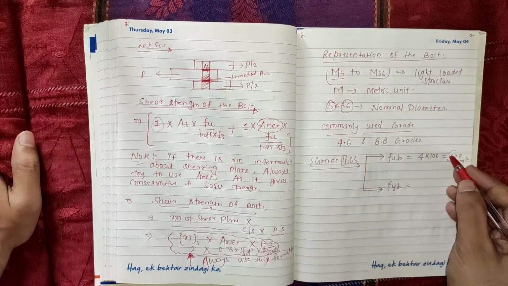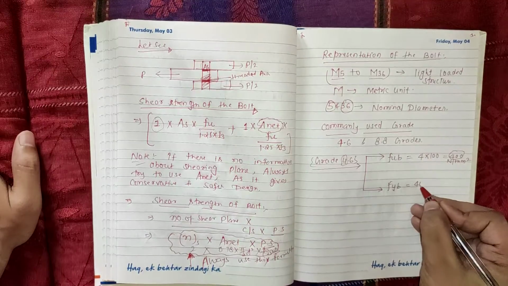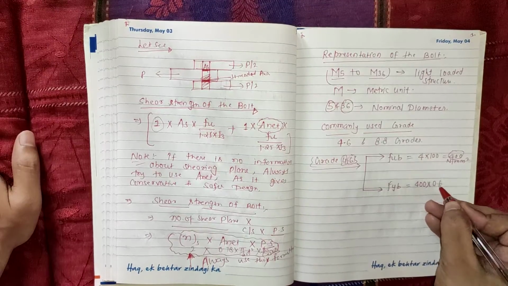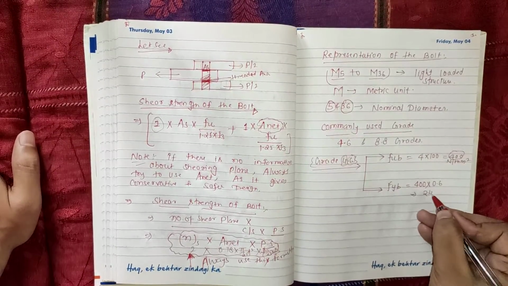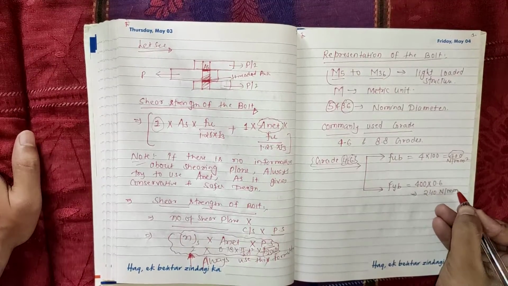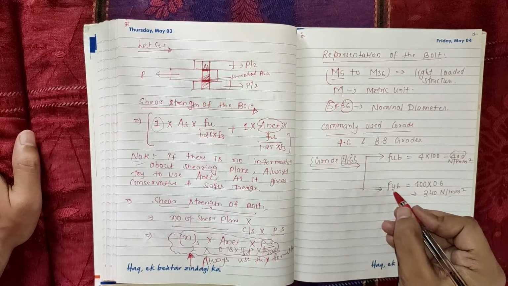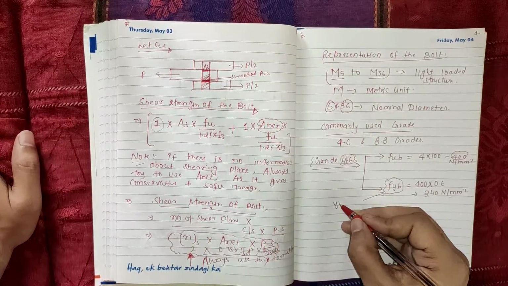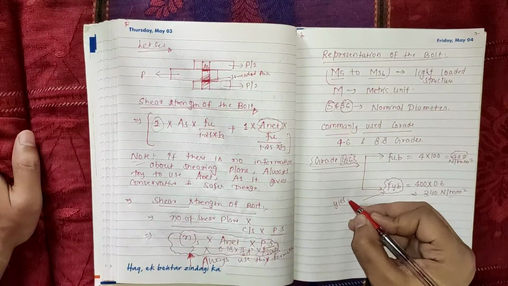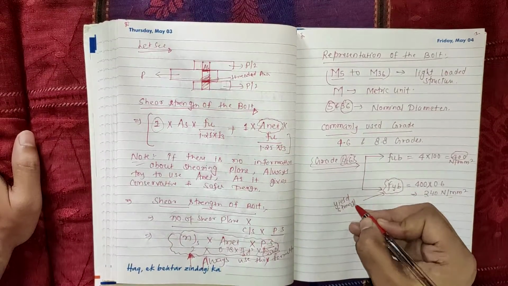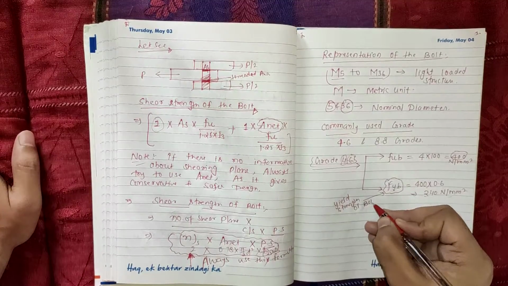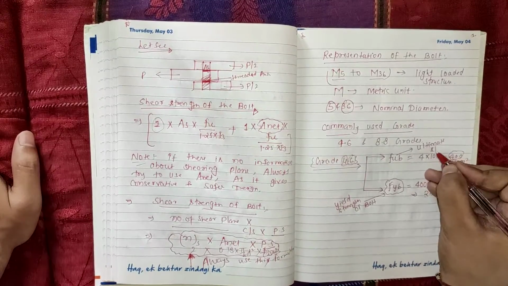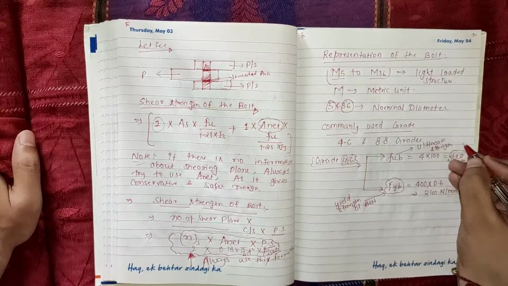If we multiply, this comes 400. So write down here 400. If we multiply by the second portion, 0.6, then it comes 240 Newton per mm square. So this value is the yield strength of the bolt, and this is the ultimate strength of the bolt.